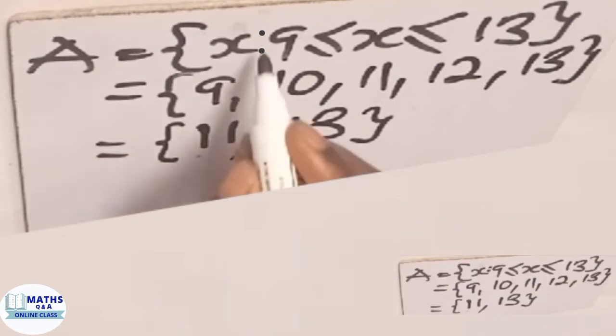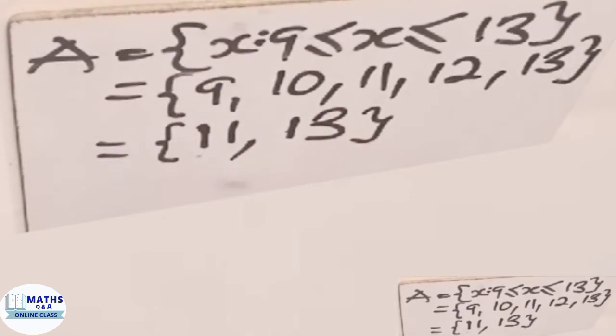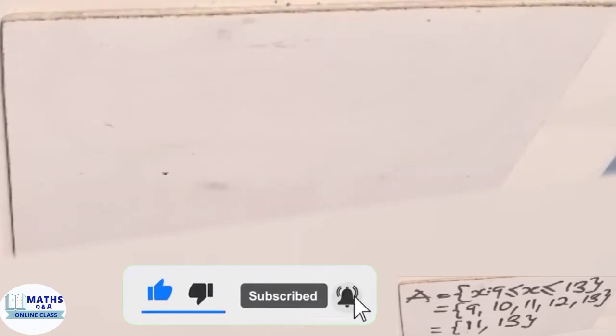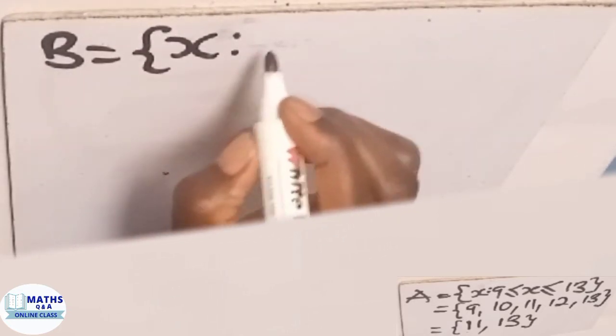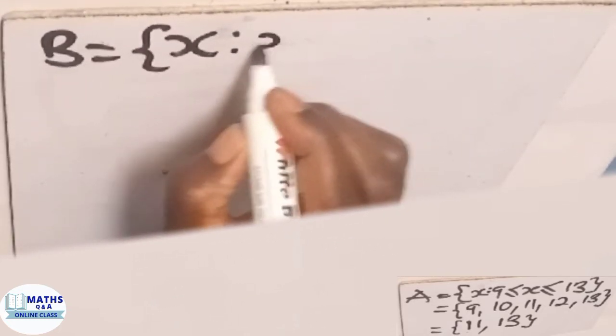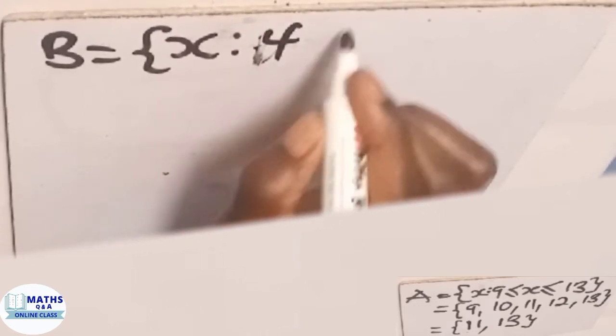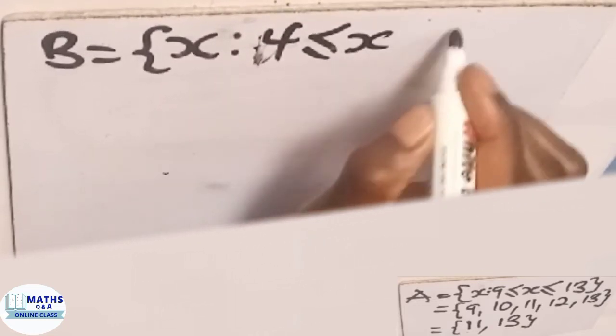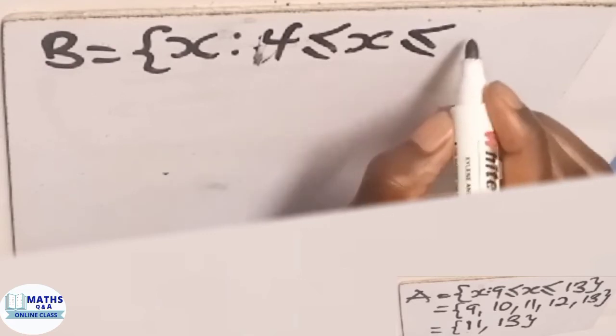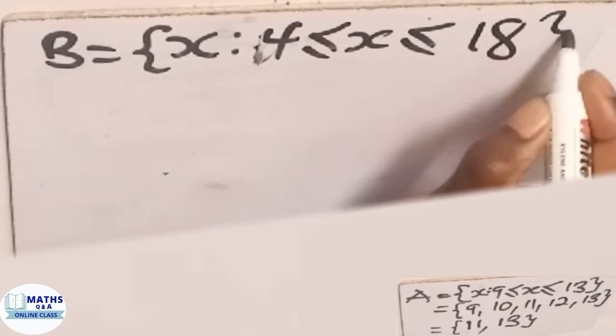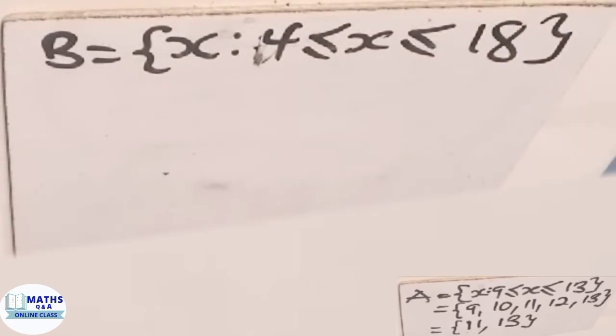Now let's go to the next one, option B. Option B says that x is such that x is greater than or equal to 4, but less than or equal to 18. So let's list the members of this set.